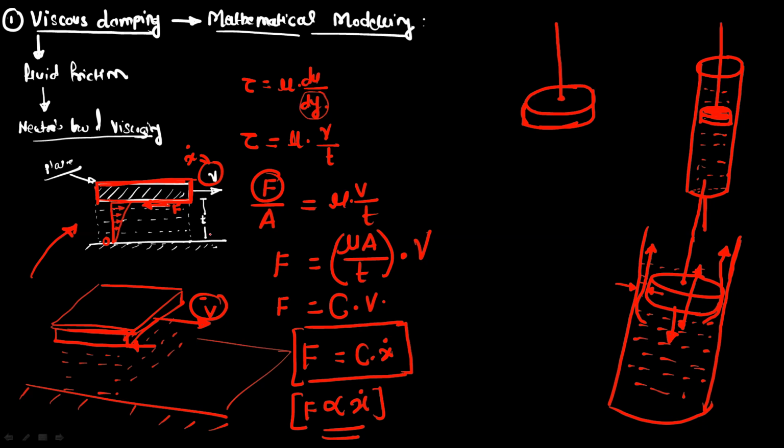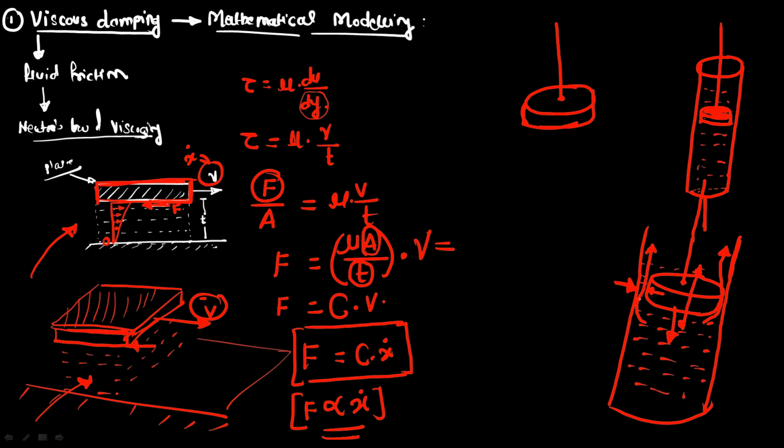Similarly, as we consider this cross section, you can refer to this same equation. This A is nothing but the cross section of that plate which is in contact with this fluid layer. And this thickness is the gap between the stationary layer and the moving layer.